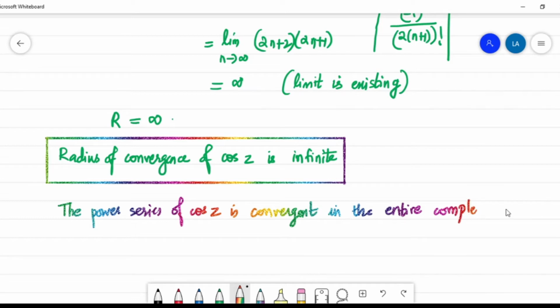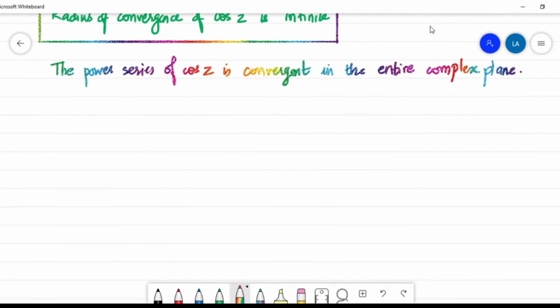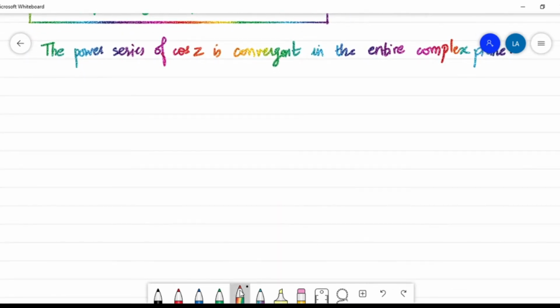That is what that means. Fine. So now that we have defined cos z, we are instinctively going to define sin z.